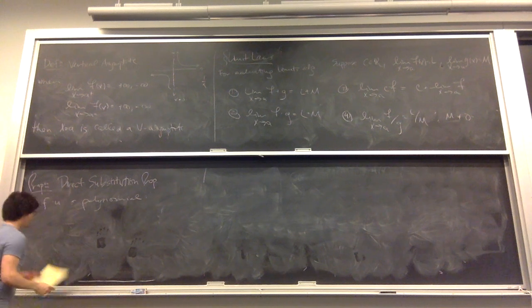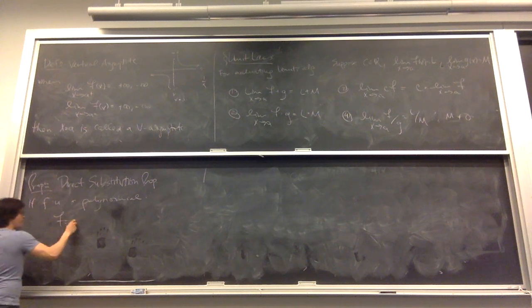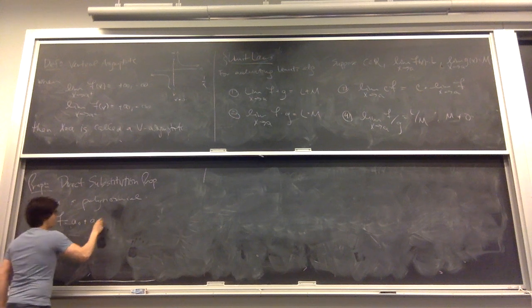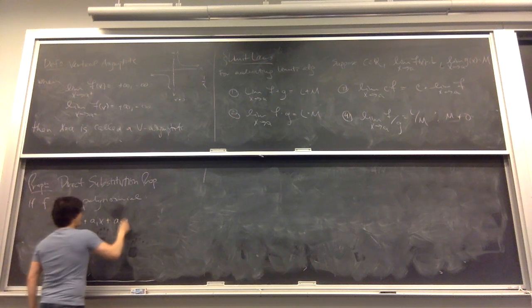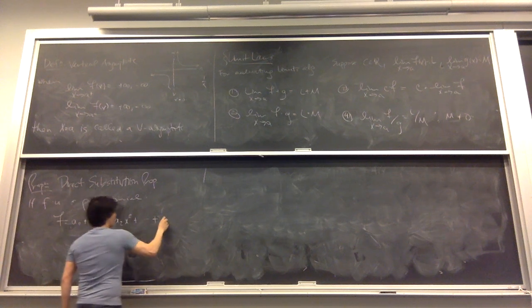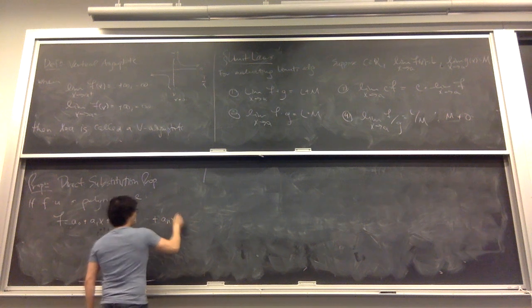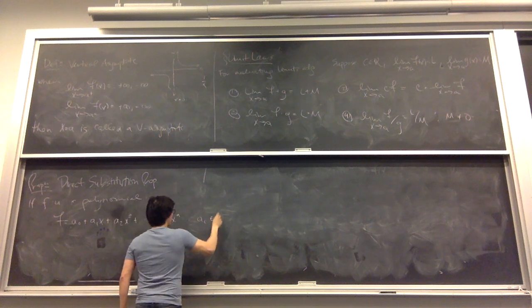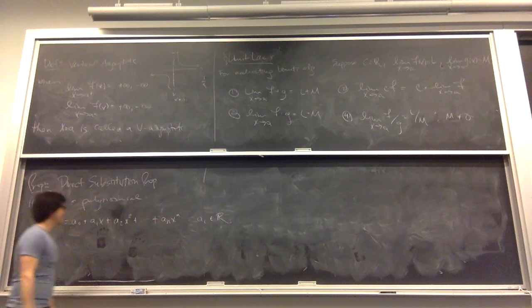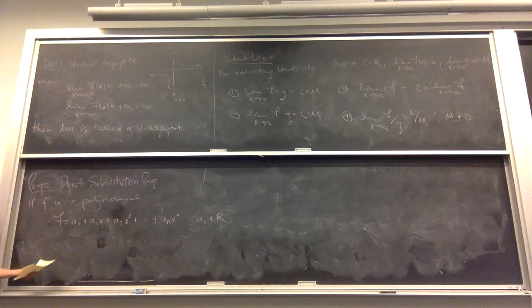Okay, polynomials are things that look like this. If f has this shape, a0 plus a1x plus a2x squared, all the way up to the nth power, such that these are real numbers and x is an indeterminate. So a quadratic is a polynomial. A cubic is a polynomial.